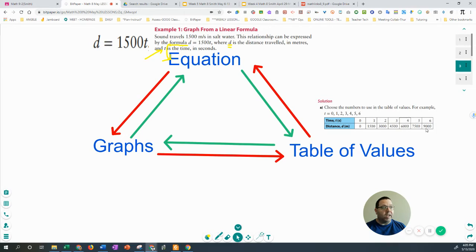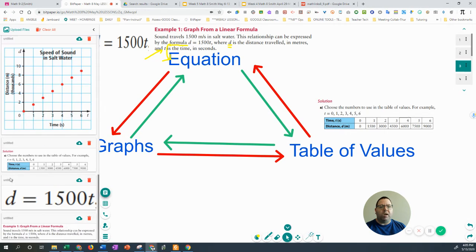After 6 seconds, we add another 1,500, right? Or it's 1,500 times t, right? These are going up by 1,500. You get 9,000 meters. So there's a pattern. There's a relationship. Every equation and formula will have a relationship, all right? And that relationship can be expressed in a table of values.